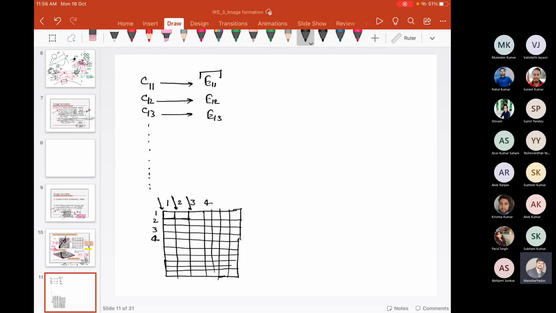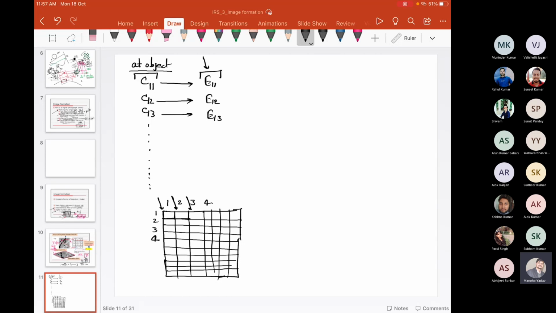When I'm writing corresponding to the cell C11, energy sensed E11, where is it sensed? It is sensed at the sensor, at the CCD. C11 we can write at the object, at the ground surface, we have a cell C11.